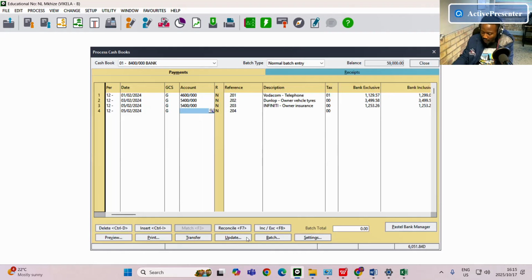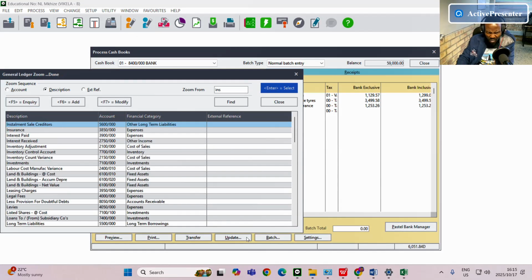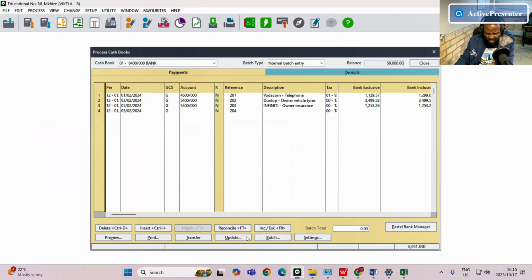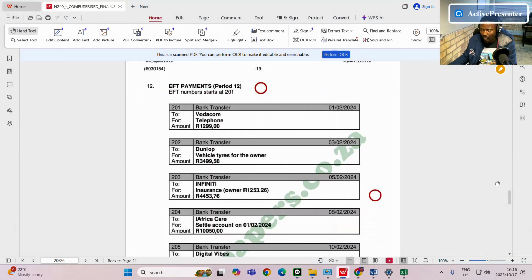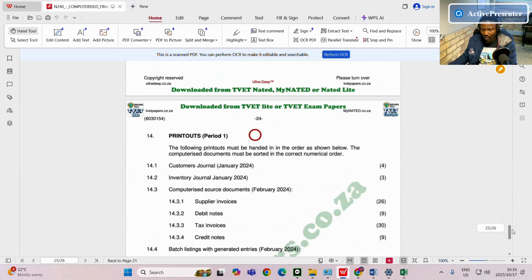Then, still the same date, now I'll be choosing insurance. Obviously, it's still Infinity. And then it's going to be for business insurance. Let me just check if VAT is involved for insurance.